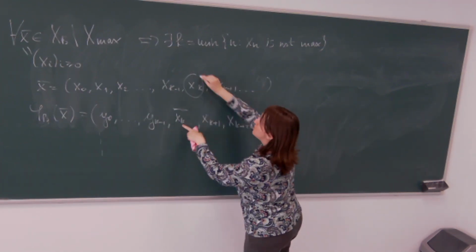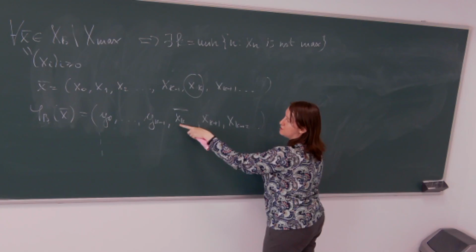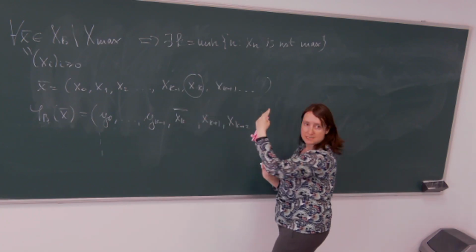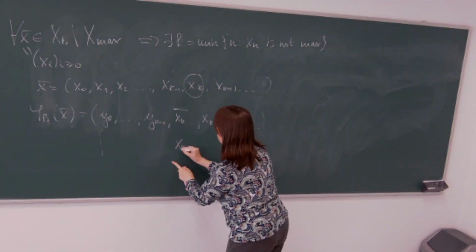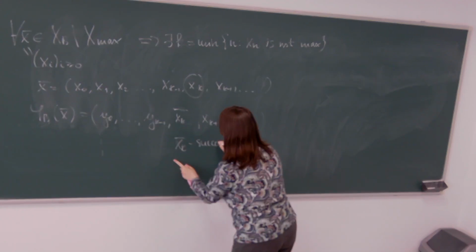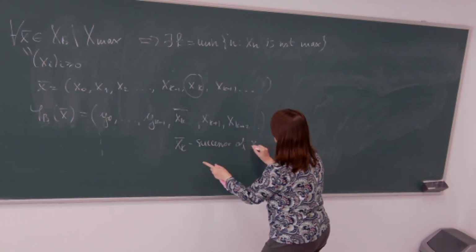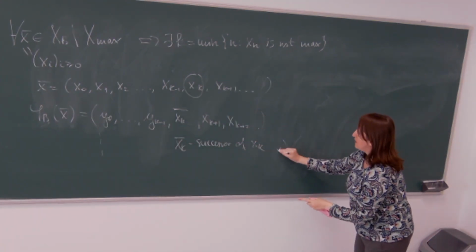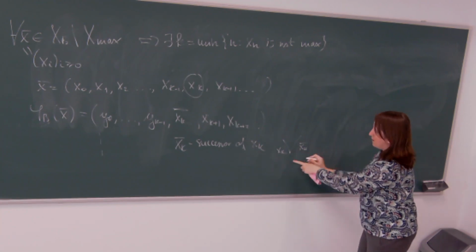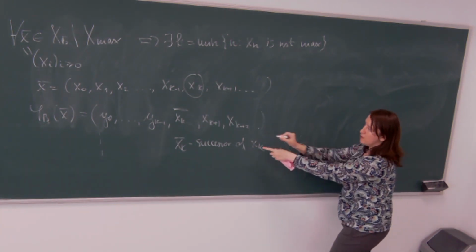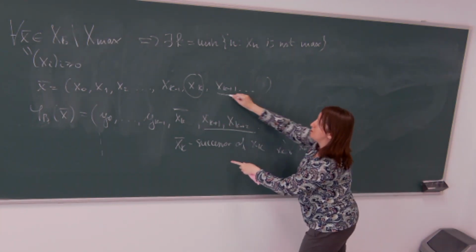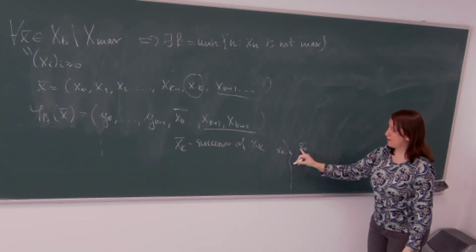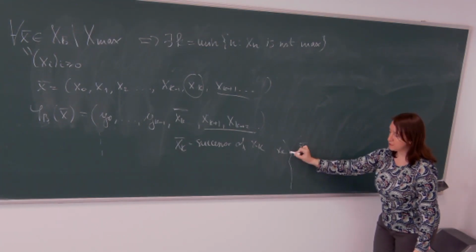Let's denote by x_k bar its successor, the next one. So we know that x_k and x_k bar have the same range. So we can leave the tail unchanged, the rest of the path, and we will have a well-defined piece of the path.